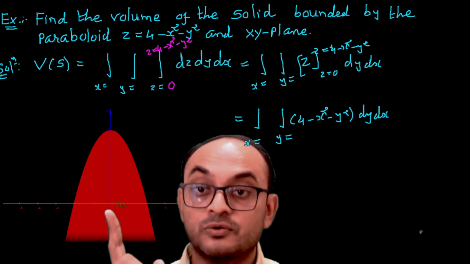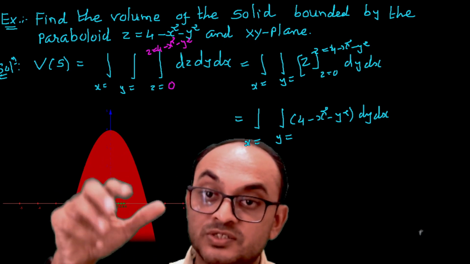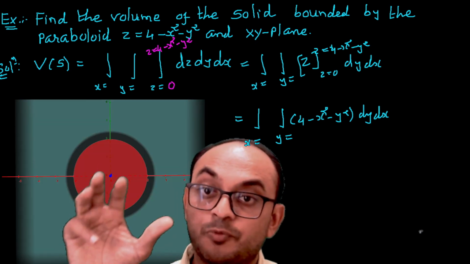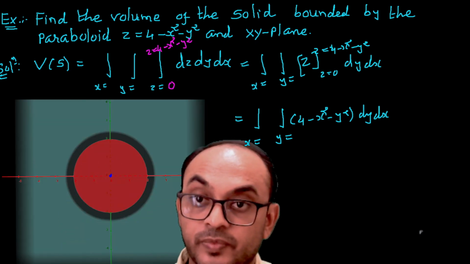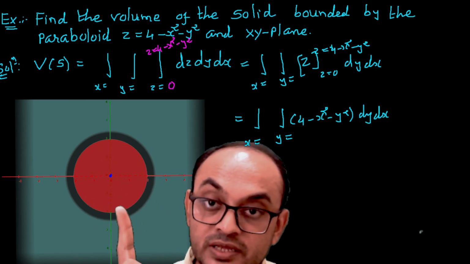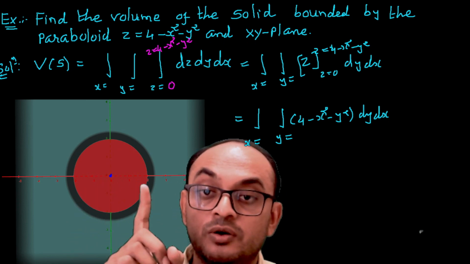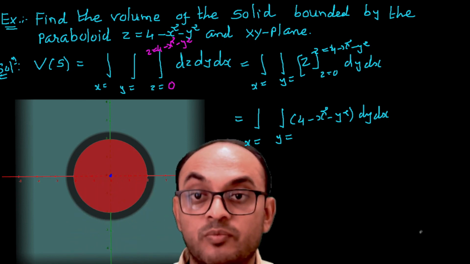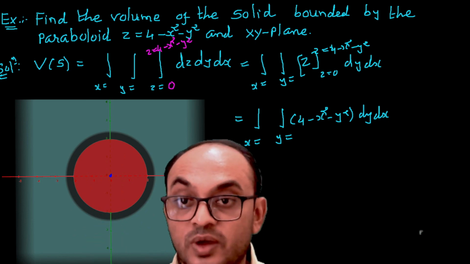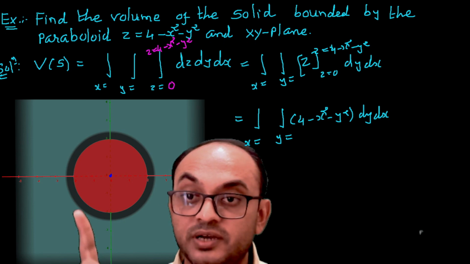I am taking the projection of this on the xy plane. This green colored circular disc is the projection of z equal to 4 minus x square minus y square on the xy plane. So these are the intersection points.